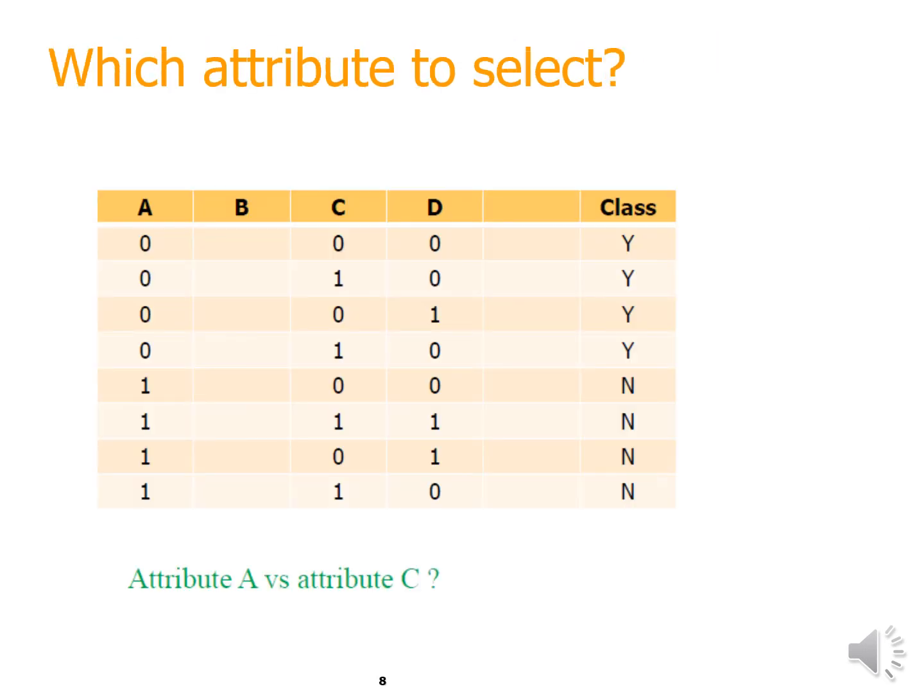Let's say we have sample data like this. We have attributes A, B, C, D, and for simplicity, let's say every value is binary, 0 or 1.